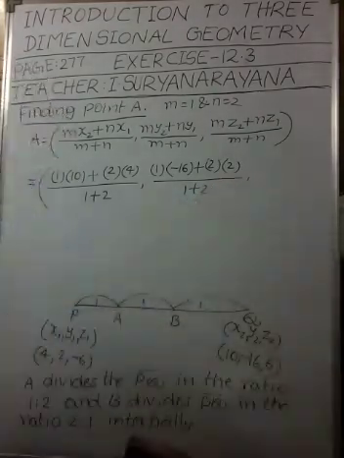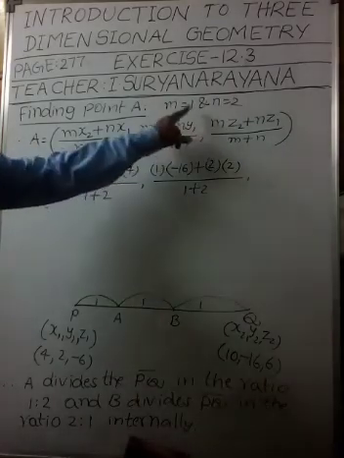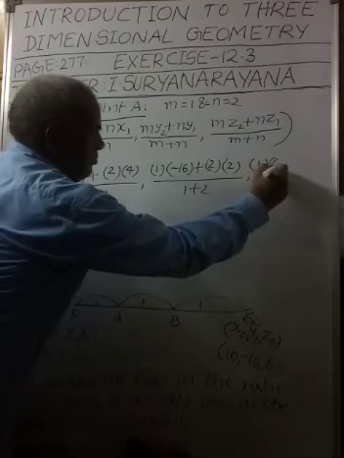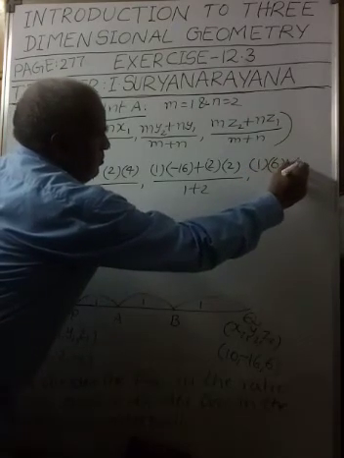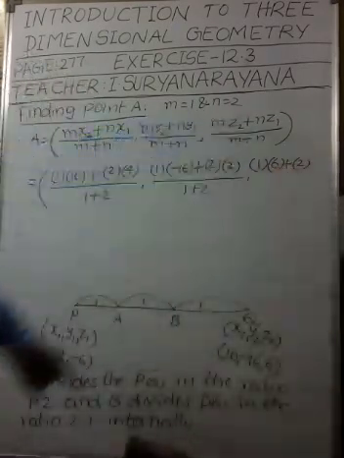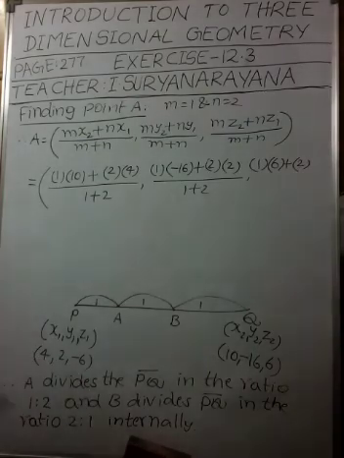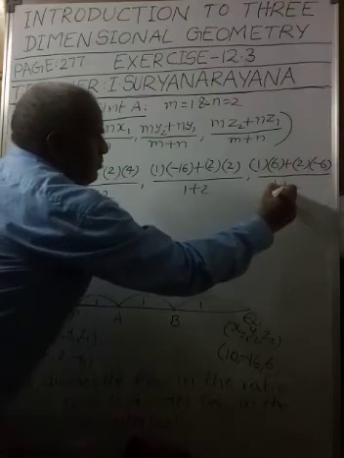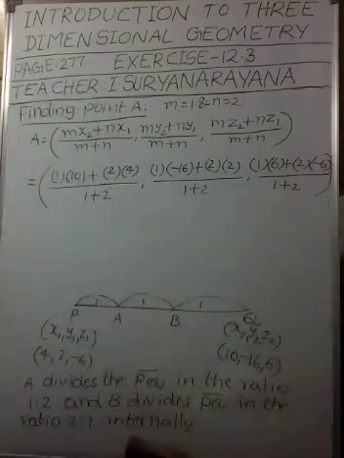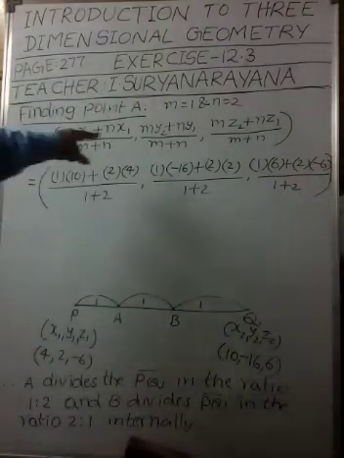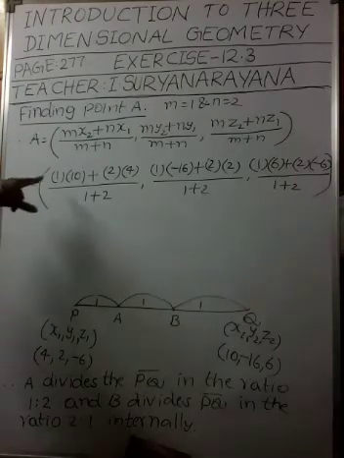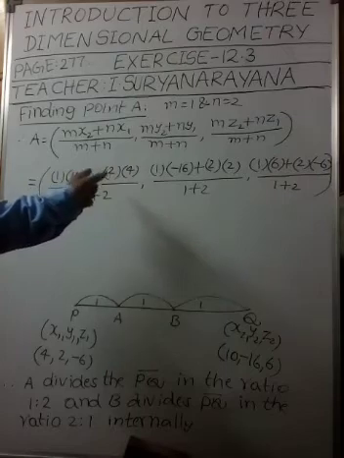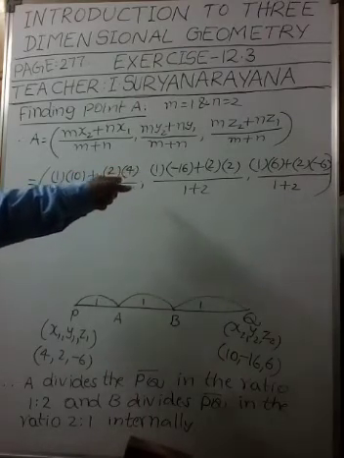Now come to the z coordinate, m z2, 1 into z2, 6, n means 2 into z1, minus 6. Understood this step, my children? In this section formula, I substituted m, n, x1, y1, z1, x2, y2, z2. Understood this step, my children?